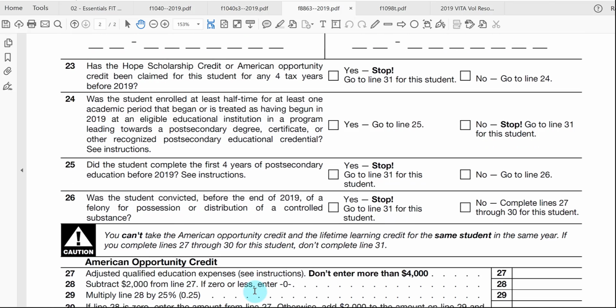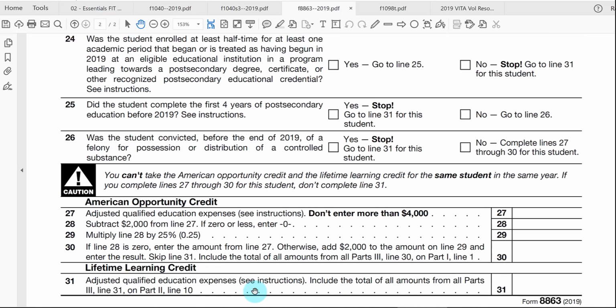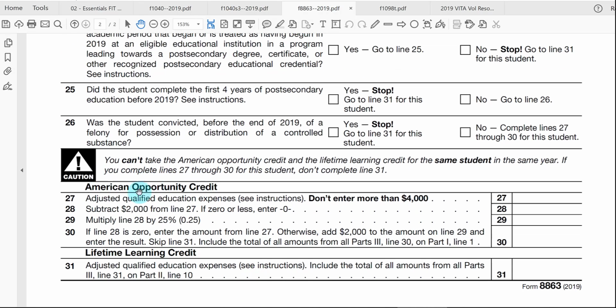Now, there are only certain costs that can be used for the two credits, again American Opportunities and lifetime learning credit. The rules are more liberal, more open, for the American Opportunities credit. For the lifetime learning credit, the only qualifying education expense is tuition. In the case of American Opportunities, you're looking at tuition, fees, textbooks, supplies, maybe even computers to do your work.